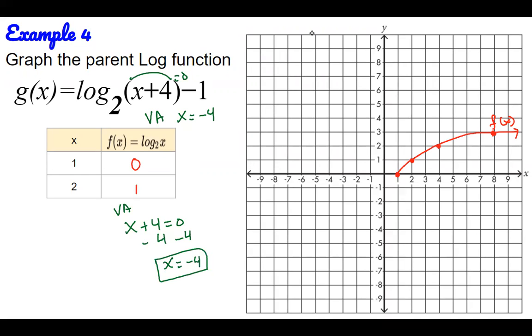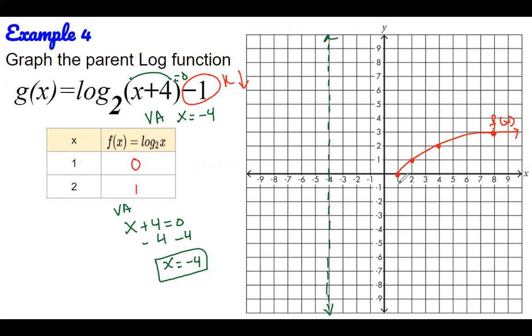And our beautiful parameter k, do we shift it up or down? Down this time. We're going to shift it down 1 space. So let's go ahead and create our beautiful vertical asymptote first. My vertical asymptote this time is at negative 4. So here it is. And my figure goes down 1.